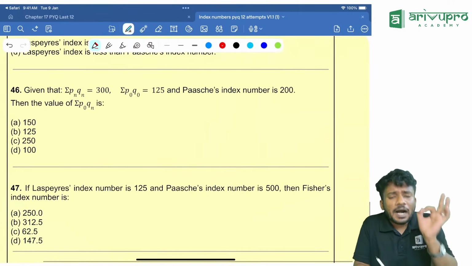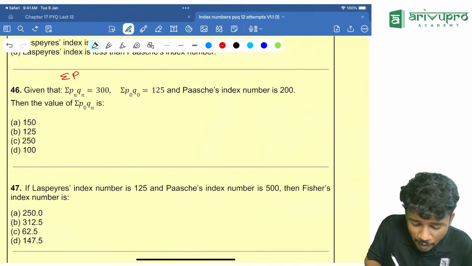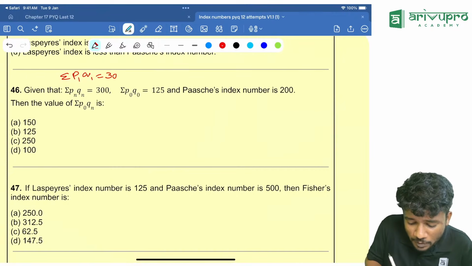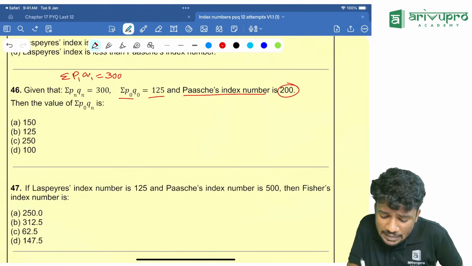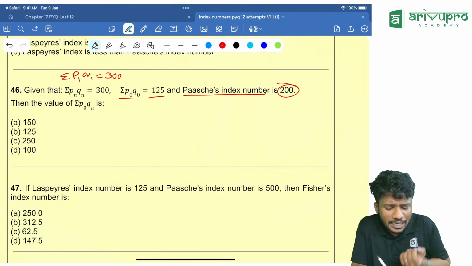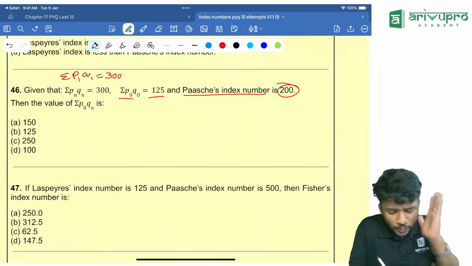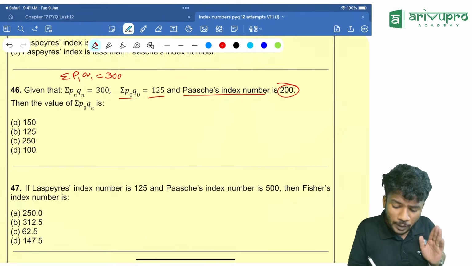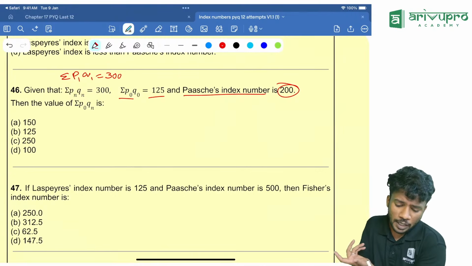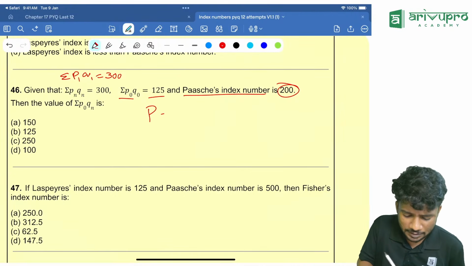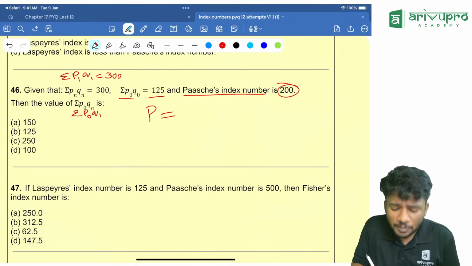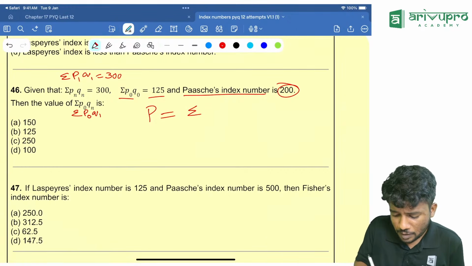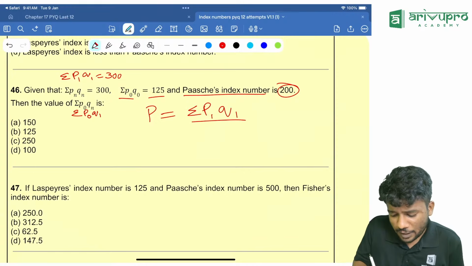Given that sigma P1 Q1 is equal to 300, sigma P0 Q0 is equal to 125, and the Paasche index number is 200, find the value of sigma P0 Q1. What is the formula for the Paasche index number? Sigma P1 Q1 divided by sigma P0 Q1, into 100.